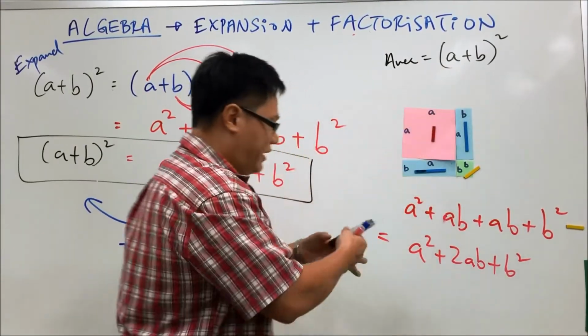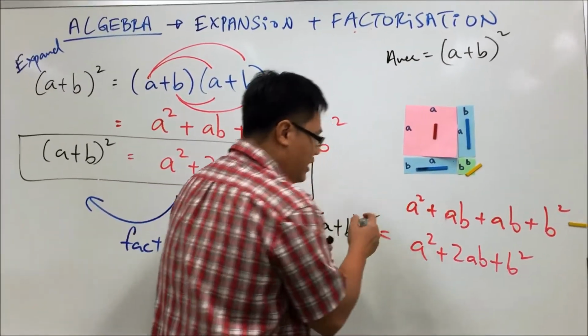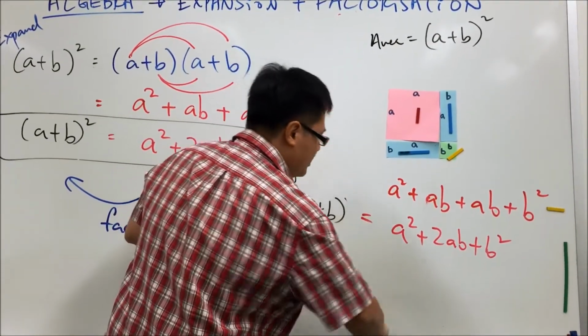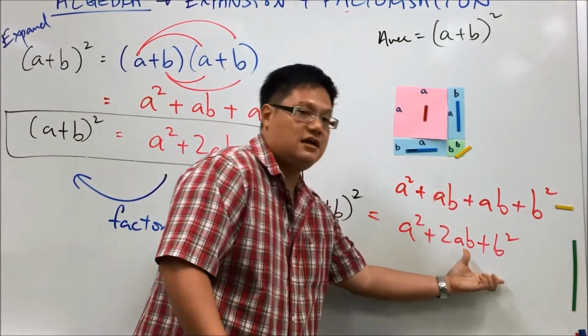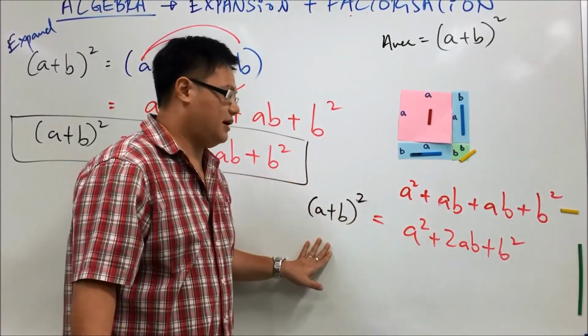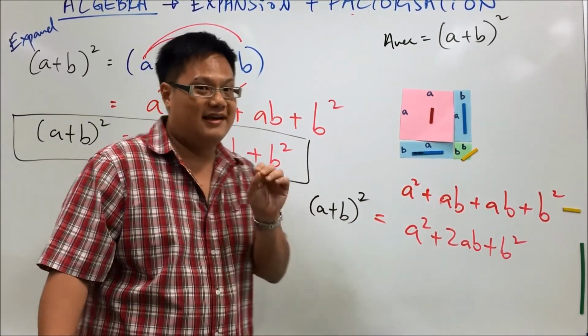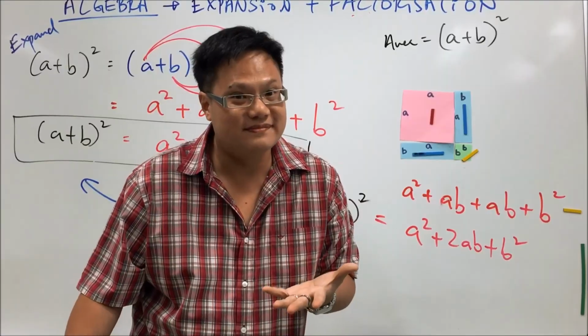(A plus B) squared is A squared plus 2AB plus B squared. So if I were to factorize A squared plus 2AB plus B squared, I must get back (A plus B) squared.